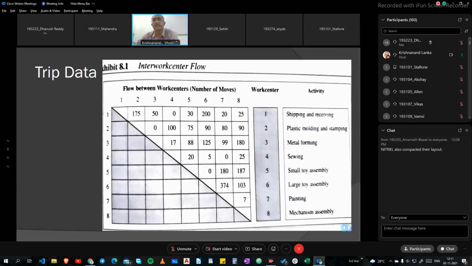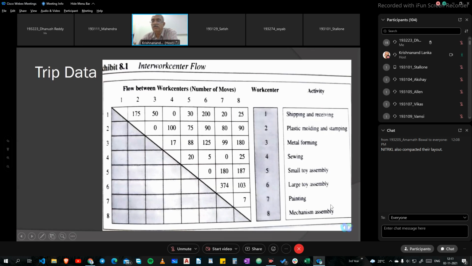Then the flow between work centers. He is taking only the total trips happening between, for example, work center 1, shipping and receiving, plastic molding and stamping, metal forming, and then sewing, and small toy assembly. The fifth department is large toy assembly, painting, and mechanism assembly.